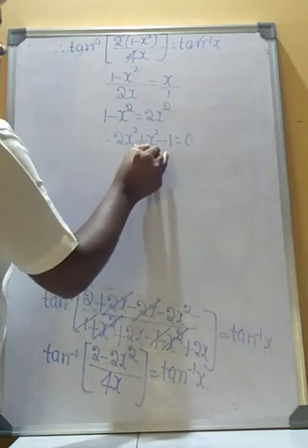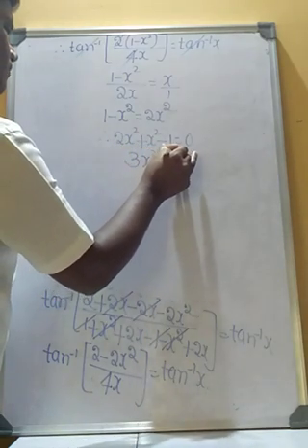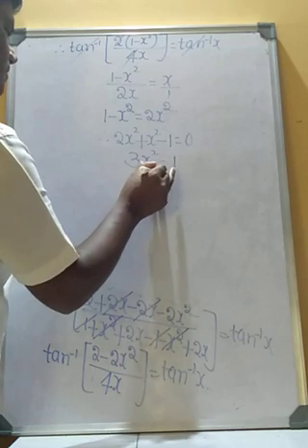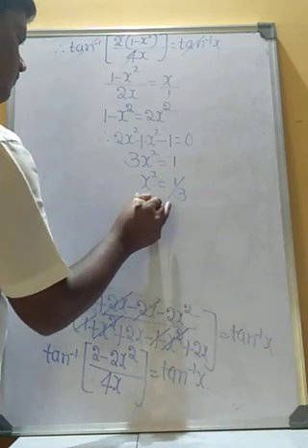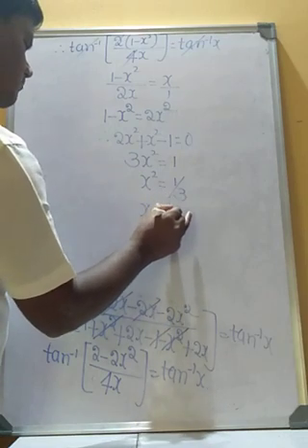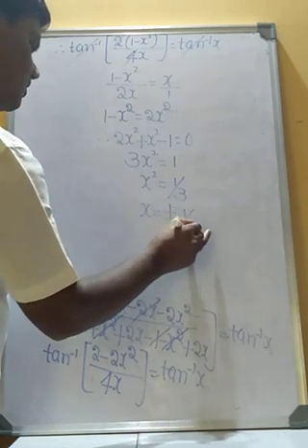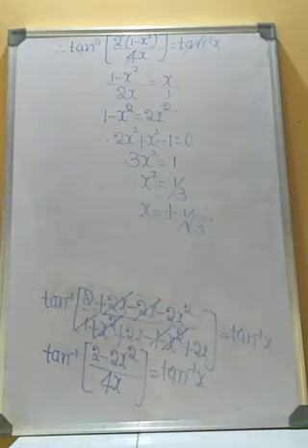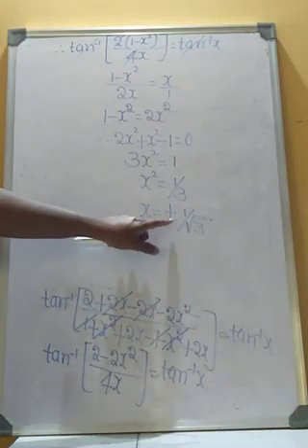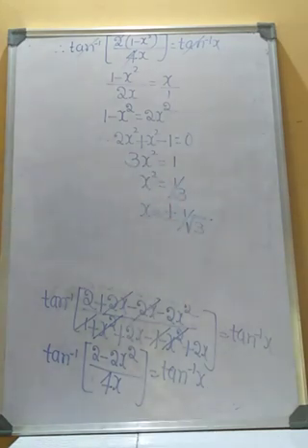Therefore, 3x square is equal to 1. Therefore, x square is equal to 1 by 3. Therefore, x is equal to plus or minus 1 divided by root 3. The value of x is plus or minus 1 divided by root 3.